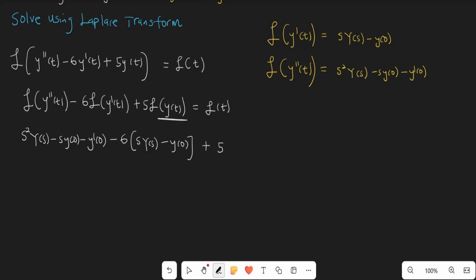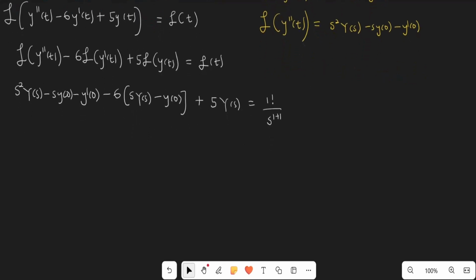The Laplace transform of y of t is capital Y of s, and this is equal to the Laplace transform of t, that is t raised to the power 1, which is 1 factorial divided by s raised to the power 1 plus 1. Alright, so this is what we have.